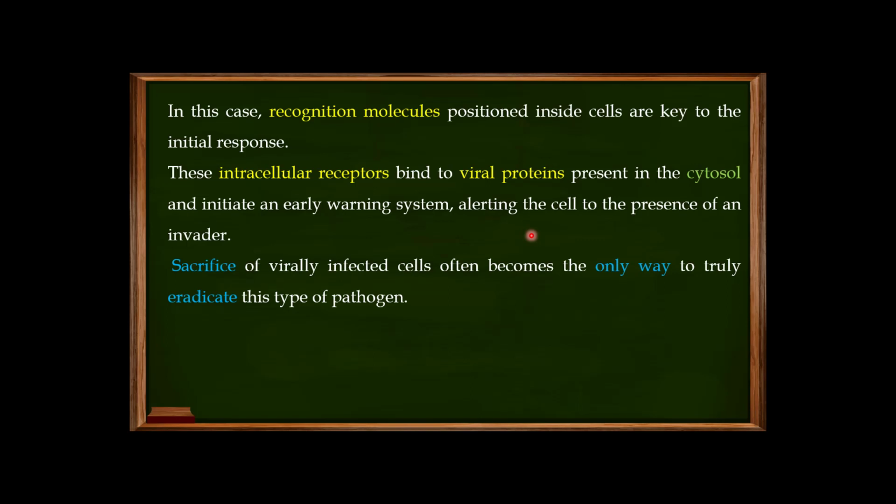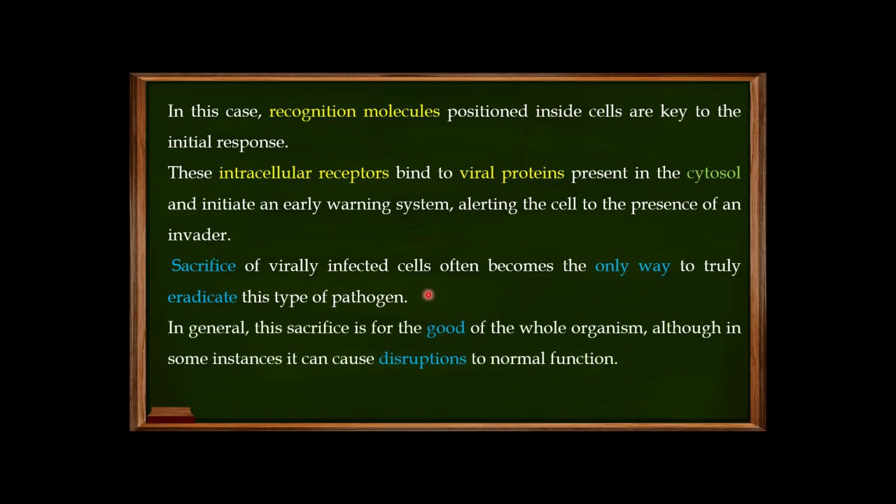Now, the most appropriate strategy against an intracellular pathogen is the sacrifice of the virally infected cells. And that becomes the only way to truly eradicate this type of pathogen.